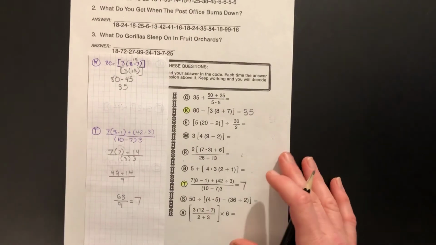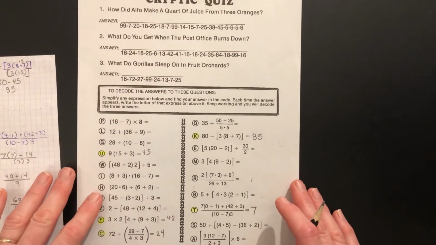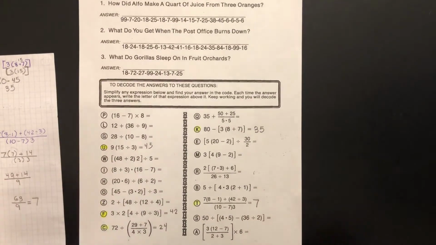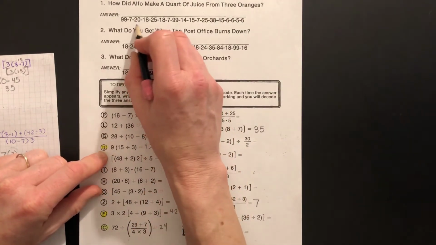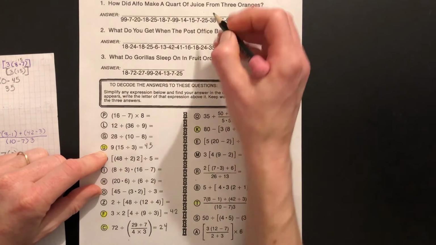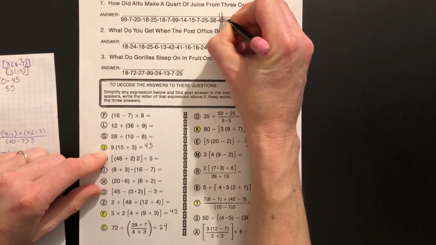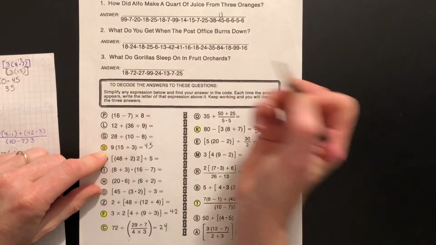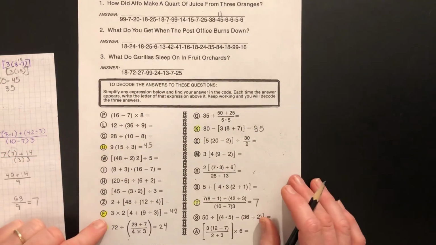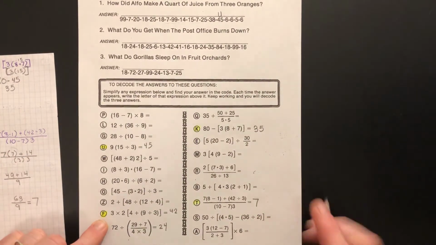Now that we have these, let's see if we can plug in some of our answers. U is 45. I'm going to find 45 U. See if there are any more 45s. Nope. And then F is 42.